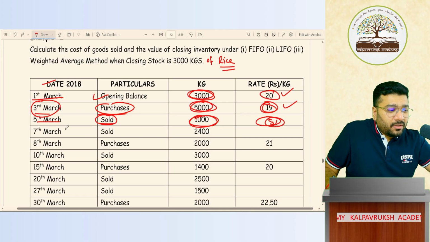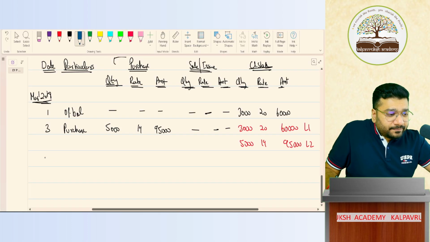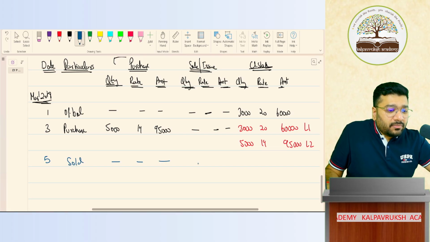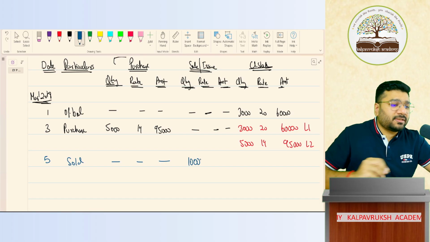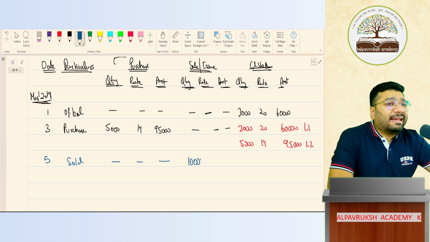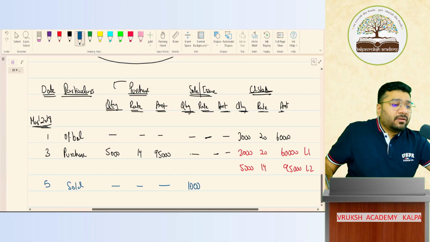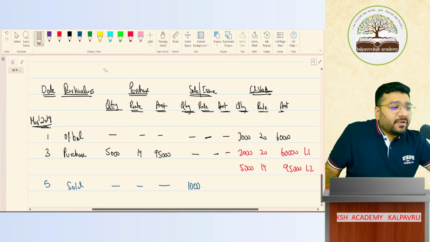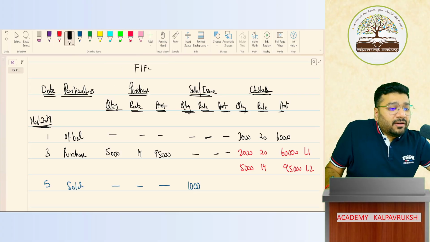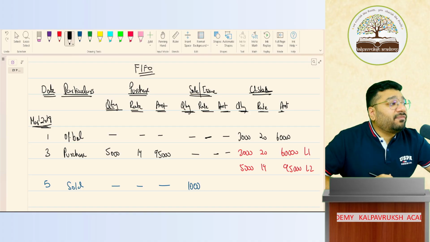Next. 5th March, sold 1,000 kgs. In the sale column, 1,000 kg. Now the question is, what rate do I take? Please understand, we're using the FIFO method. FIFO means what? First in, first out.